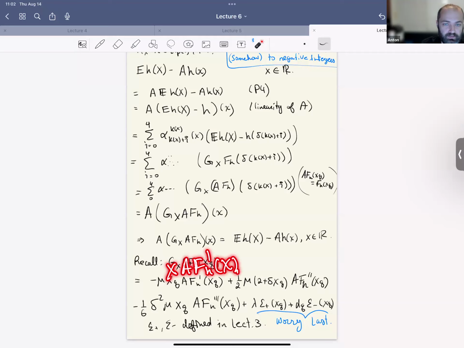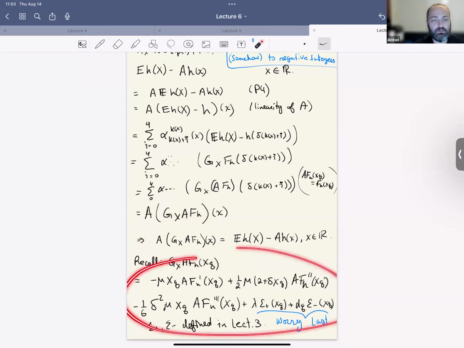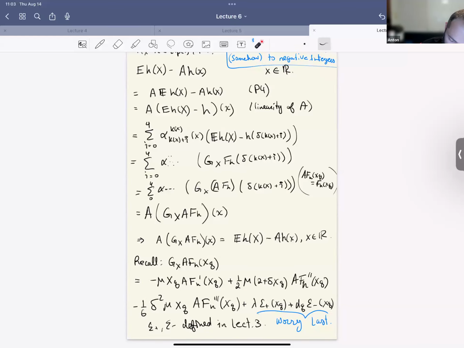We would love it if that were the case, but it's not, at least not according to our operator. And why does it matter? Because this is what appears on the left-hand side of the equation. So what we're going to do next is go through these things term by term, apply the interpolation operator to each of them, and see what we get. And that's going to be basically applying our properties 1 through 4 over and over again.